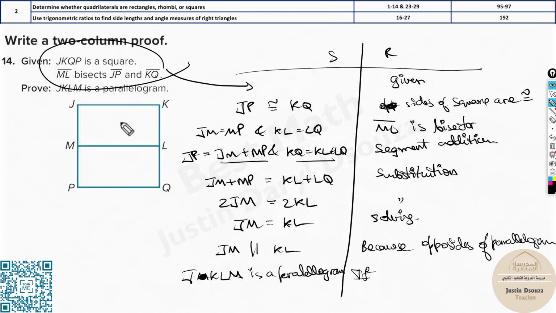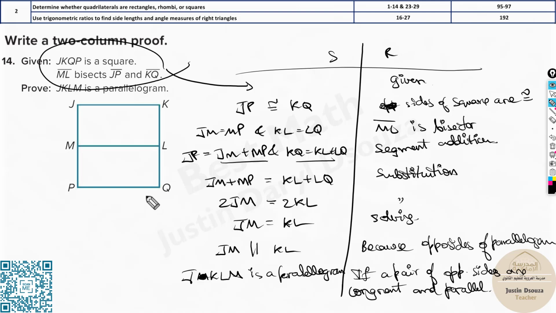The property of a parallelogram: if a pair of opposite sides, it must be opposite, this or this, JK or ML, or JM or KL, are congruent and parallel. So that would be the answer.